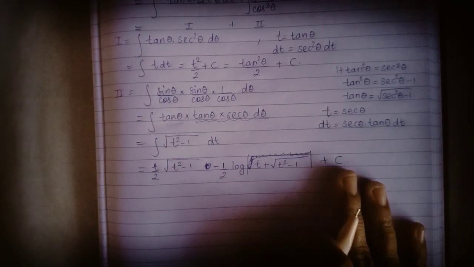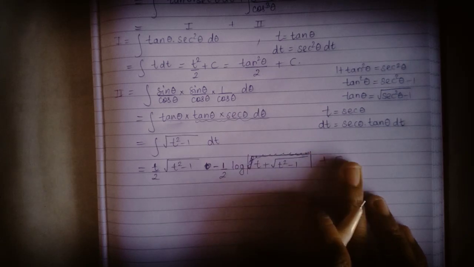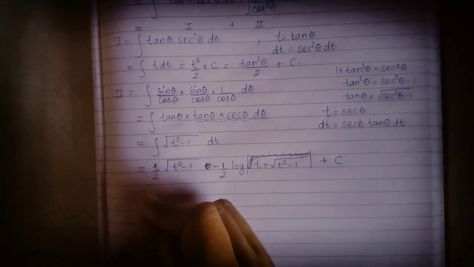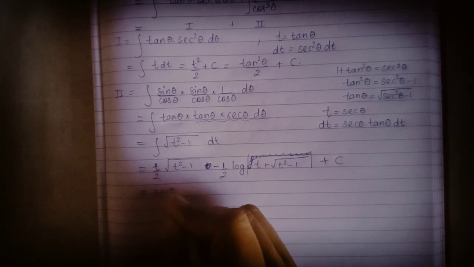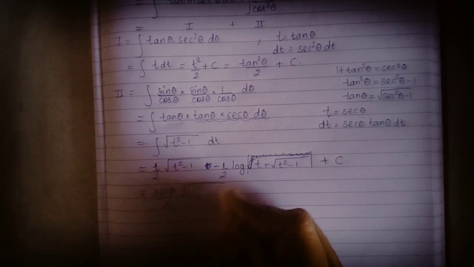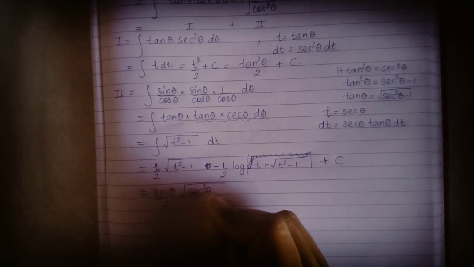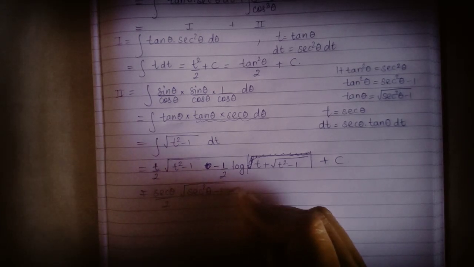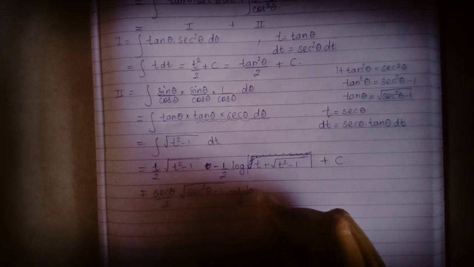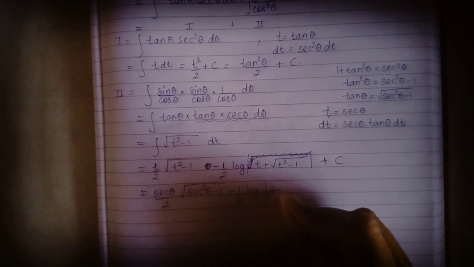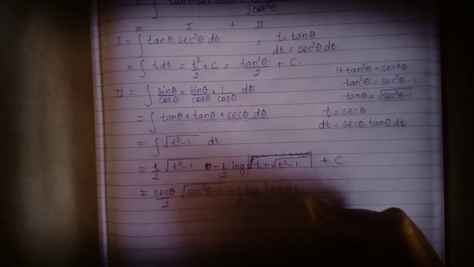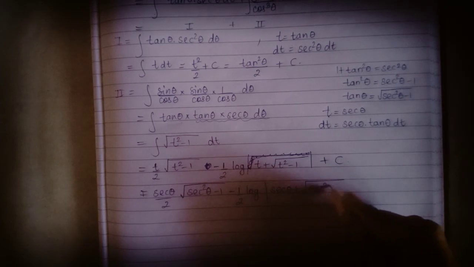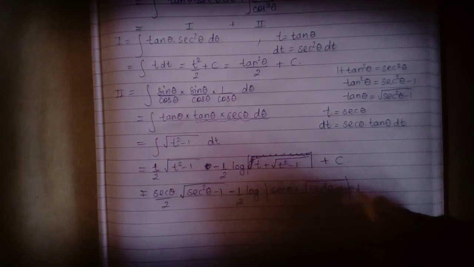Okay, so in place of t you can substitute, t we have taken as sec theta, so sec theta upon 2 into the root of sec square theta minus 1, minus half log of sec theta plus root of sec square theta minus 1, plus c.